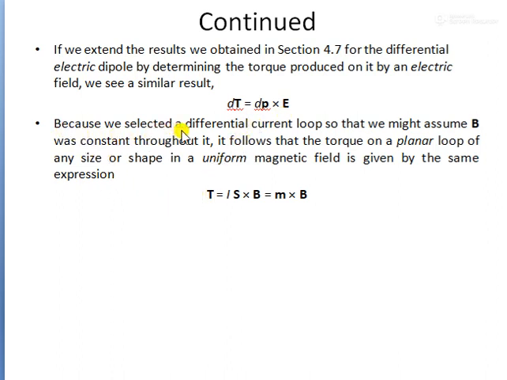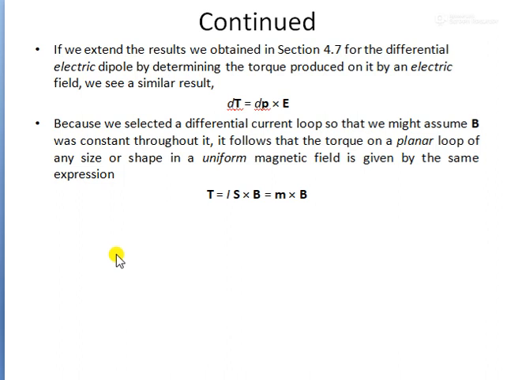Because we selected a differential loop, we might assume B was constant throughout it. Now it follows that the torque on a planar loop of any size or shape in a uniform field is given by the same expression, that is, torque is equal to I S cross B, that is, m cross B, where m is the magnetic dipole moment.